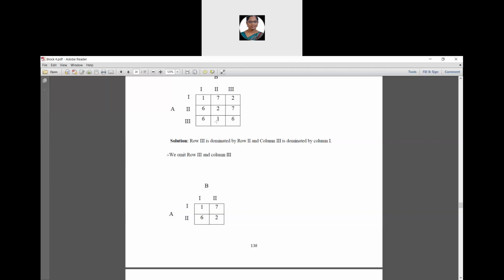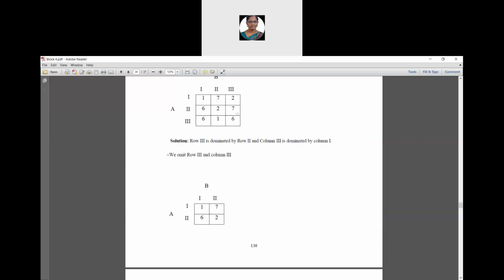Keep that in mind, and we compare the third elements, 7 and 6. 6 is the smallest element and it is in the third row, right? So row 3 is dominated by row 2.